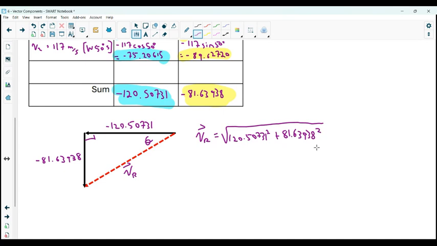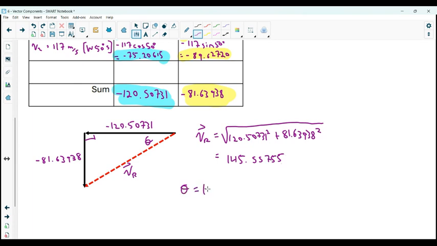Now you might say, Mr. Roy, why aren't you using negative numbers there? I'm just trying to find the magnitude, how big it is. And if you square a negative number, you get a positive number anyway, so it wouldn't make a difference. That works out to 145.55755.